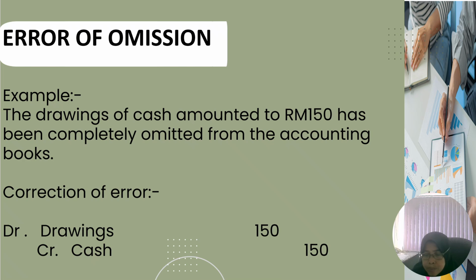How would we prepare the journal entry to correct the error? We just need to record it as the original entry. Therefore, we need to debit the drawings account by 150 and credit cash by RM 150.